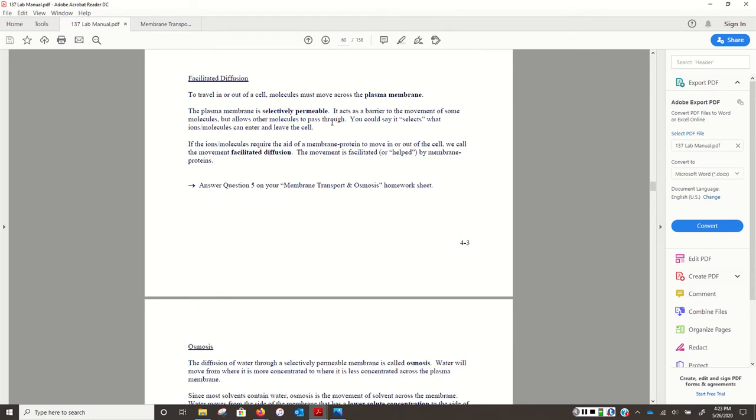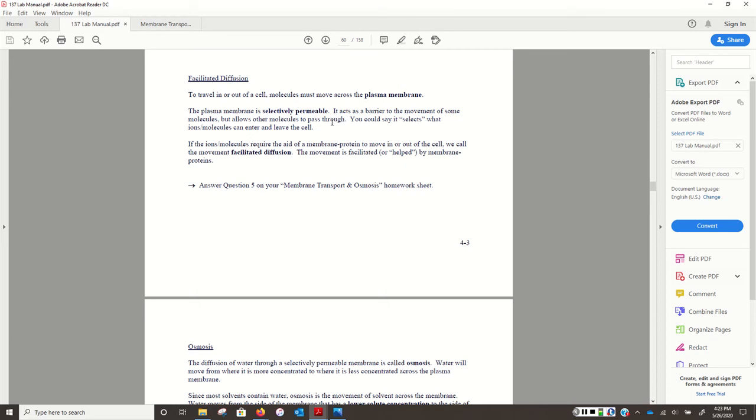For example, sodium is constantly moving into every cell in our body, but it's doing that through a protein called a sodium channel. This is basically like a tube that goes completely through the membrane of one of our cells, but it's shaped in such a way that sodium is the only thing that can get through.